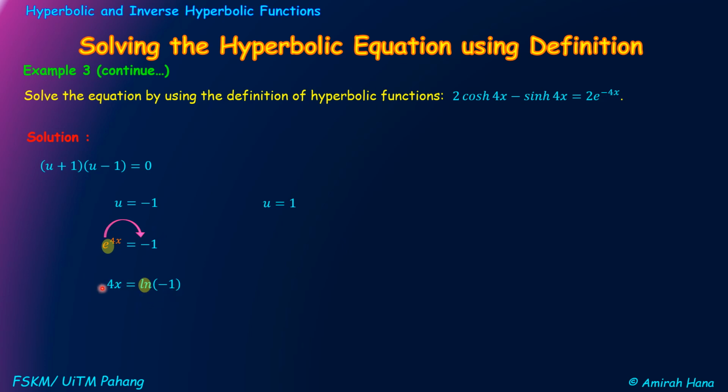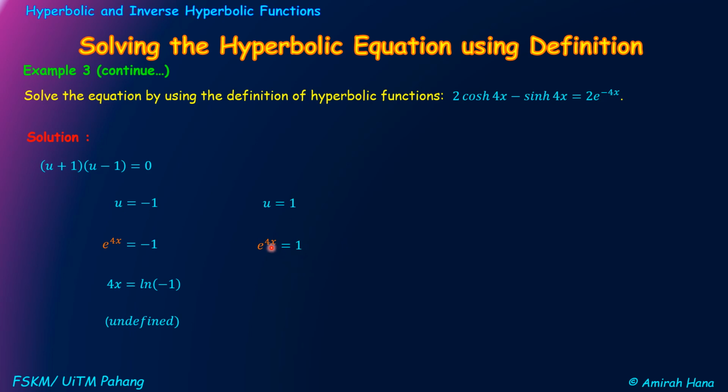So error divided by 4 equals to error. When we solve ln negative 1, your calculator will display math error. So we can write undefined. How about u equals to 1? In the previous slide, our u equals to e to the power of 4x. So we equate to 1.